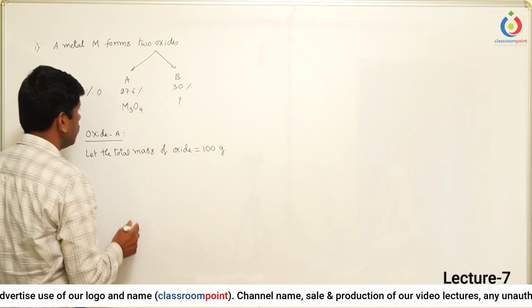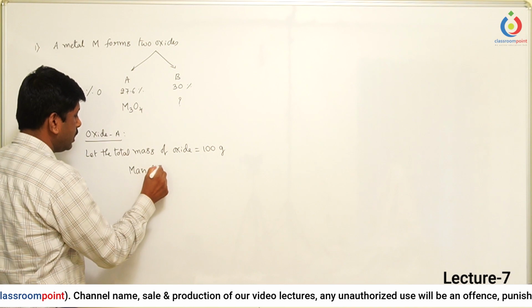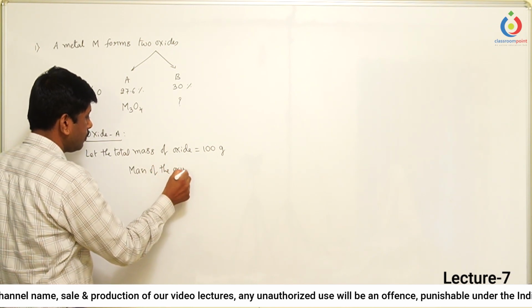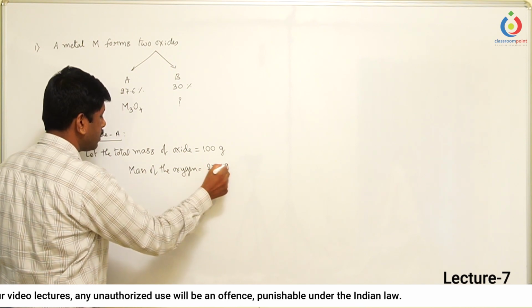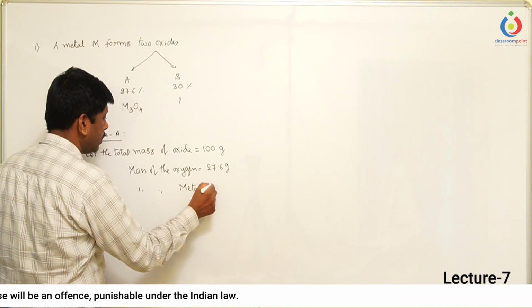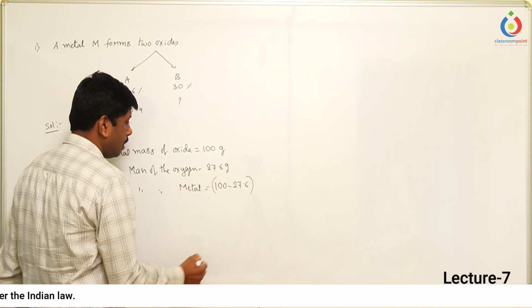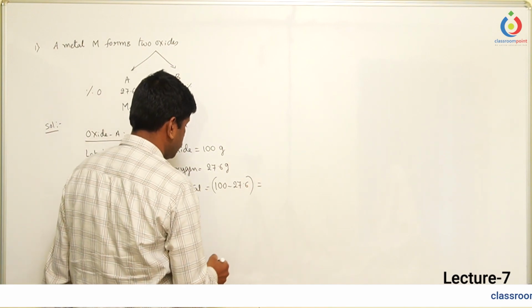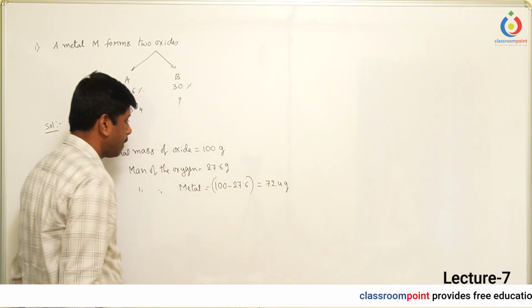Then the mass of oxygen is 27.6 grams, and the mass of the metal is 100 minus 27.6, which gives approximately 72.4 grams.